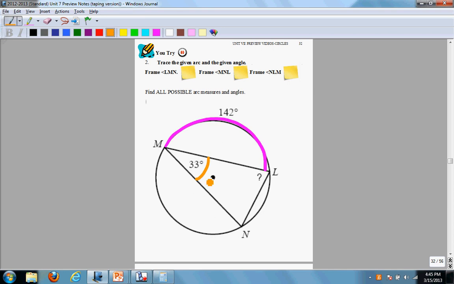So first off, it says to frame LMN. So let's trace LMN. Start at L, go to M, go to N, and frame. Put your Post-its here. There's one.